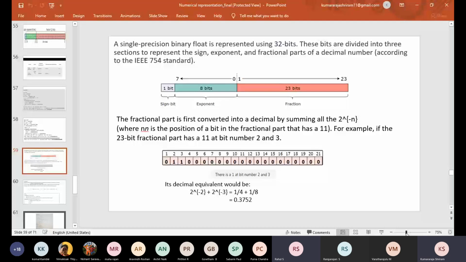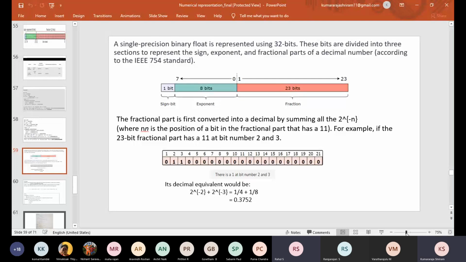So 2 power 0 like that doesn't matter. So 2 power minus 2 plus 2 power minus 3 will be 1 by 4 plus 1 by 8, equal to 0.375. That will be the equivalent of the exponent. I have written that the fractional part is first converted into decimal by summing up all the 2 power minus n, where n is the position of a bit in the fractional part that has a 1.